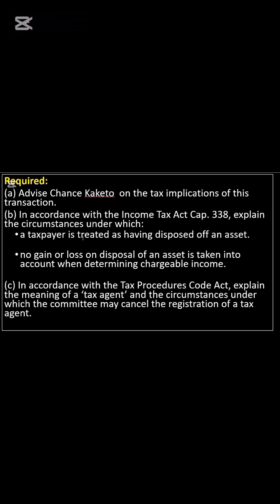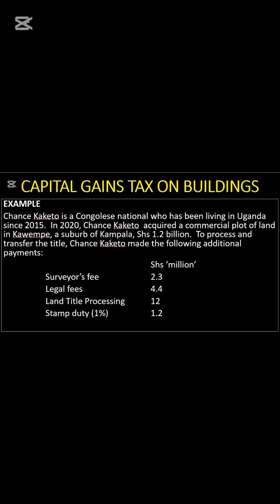You have been hearing some people, most of us saying, this one is a domestic tax agent, this is a customs tax agent. So what do we mean when we talk of a tax agent? Then two, circumstances under which a Commissioner may cancel. I think that is for you to research, but let us first compute this problem.